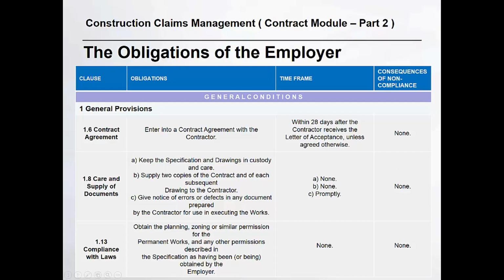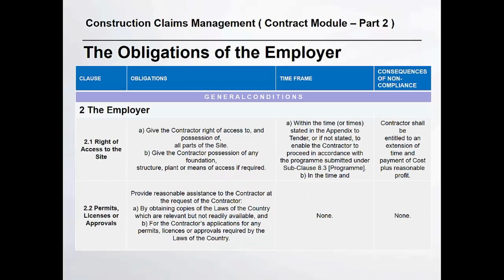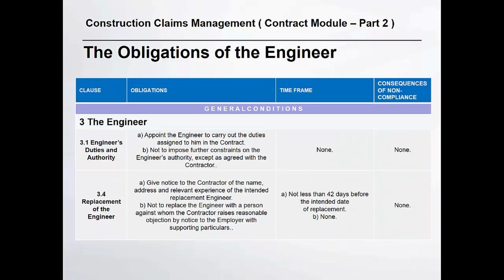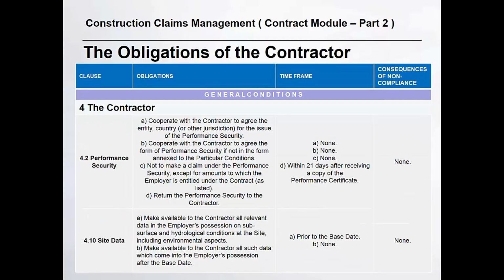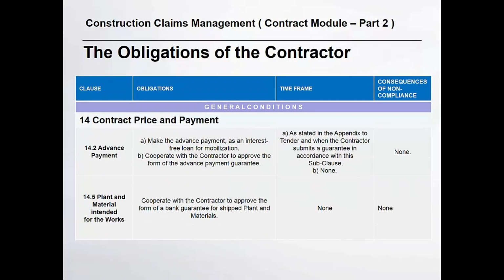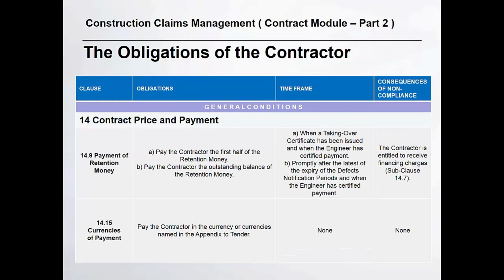So this is also for you, no need to read it because you will go to it only when you need it. This is the employer obligations, and after this one you will find the engineer obligations, and finally the contractor obligations. I prefer to keep it with you.